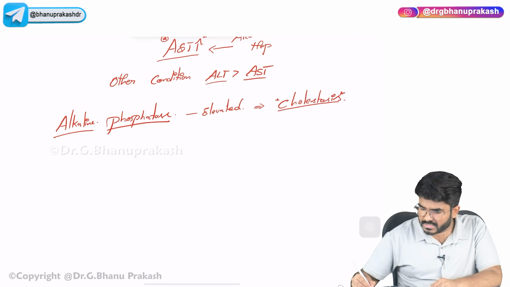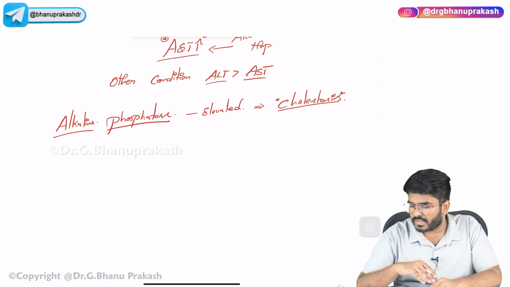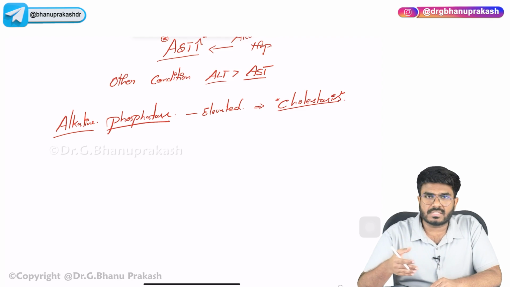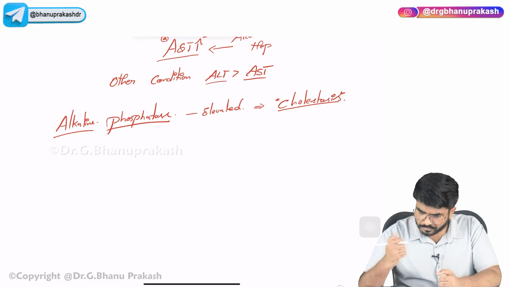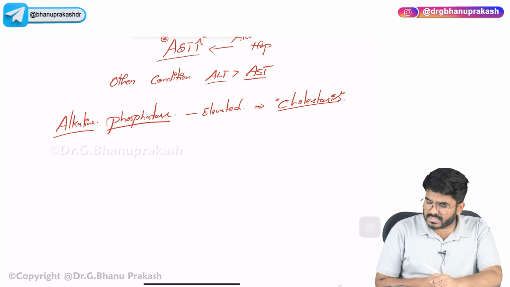What do I mean by cholestasis? Cholestasis means there is obstruction for the movement of the bile. Whenever there is obstruction for the movement of the bile, that's called cholestasis. That cholestasis might be because of cholelithiasis or gallstones. So in any condition, if there is cholestasis, the alkaline phosphatase levels are elevated.